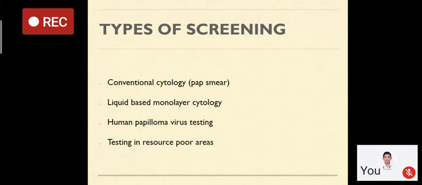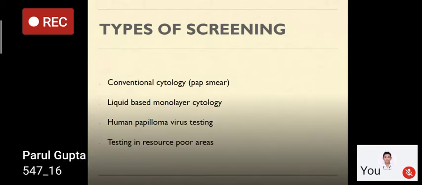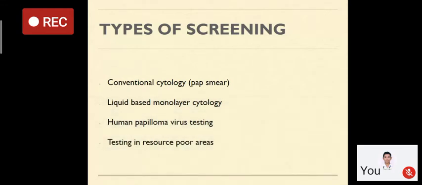And then testing in resource poor areas. So those are direct visualization of the cervix without any aid, or visualizing the cervix after applying acetic acid. This is known as VIA, visual inspection using acetic acid. Or we can use VILI, that is visual inspection after Lugol iodine application on the cervix. These are testing in resource poor areas.